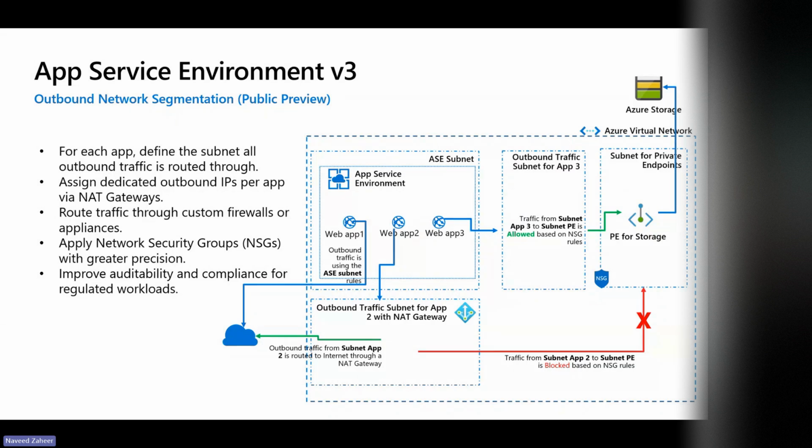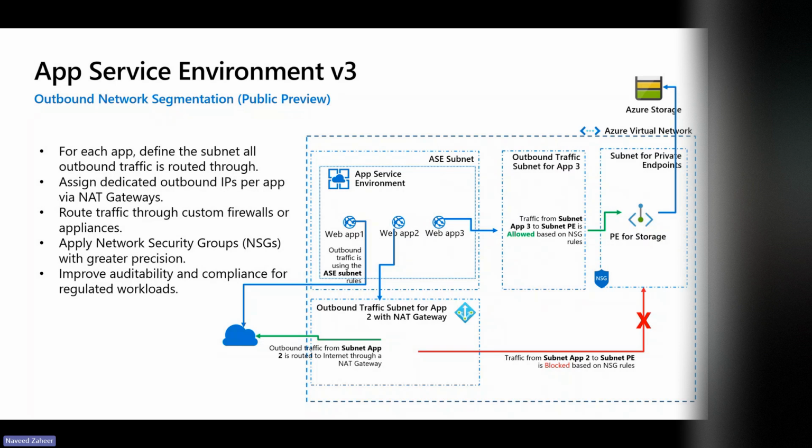Web App 3 is basically segmented to a separate subnet. And what we have is a private endpoint to a storage. Think of it as a private endpoint to a database which has some information that you don't want any other app to see.